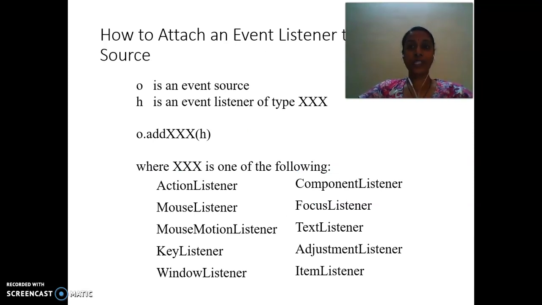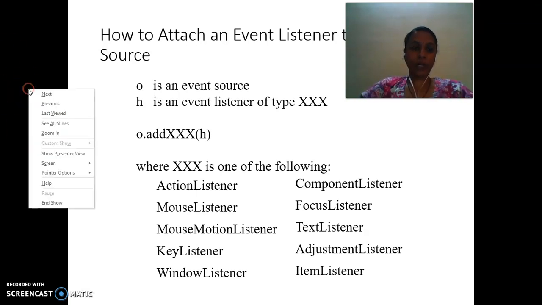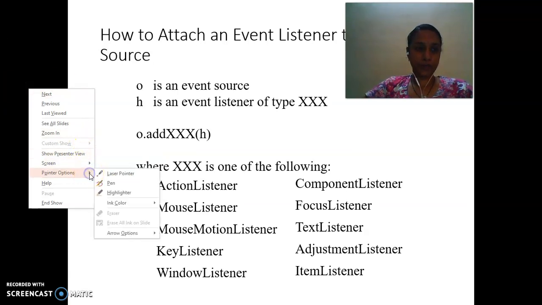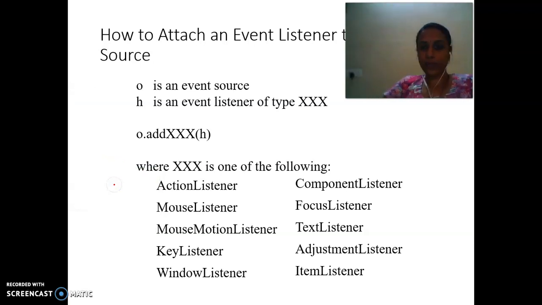Now how do you attach these event listeners to various events? Depending on the type of component that you have, for example, a text field, all the text fields will have text listeners.